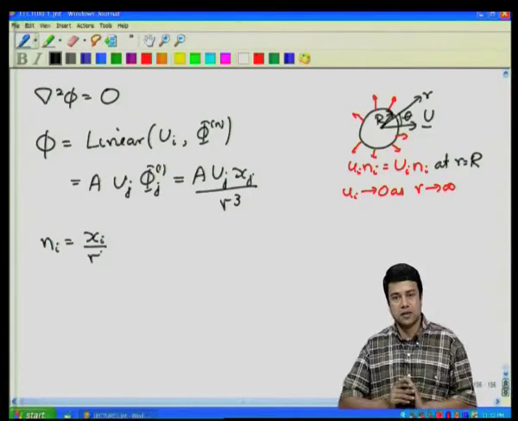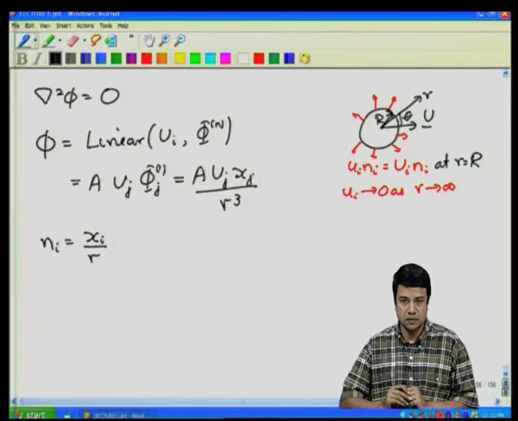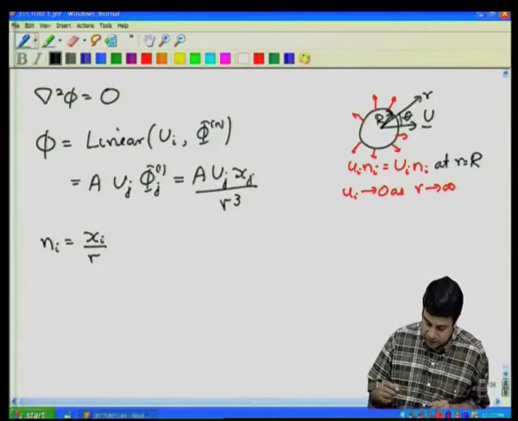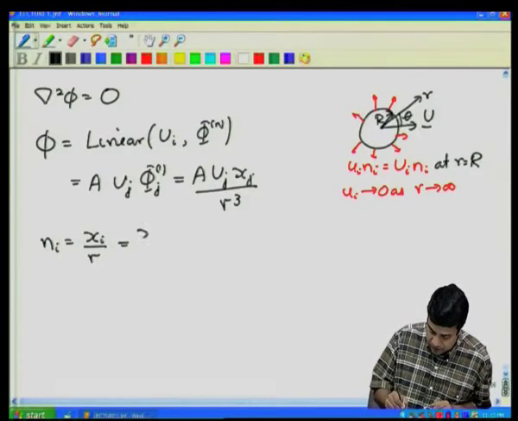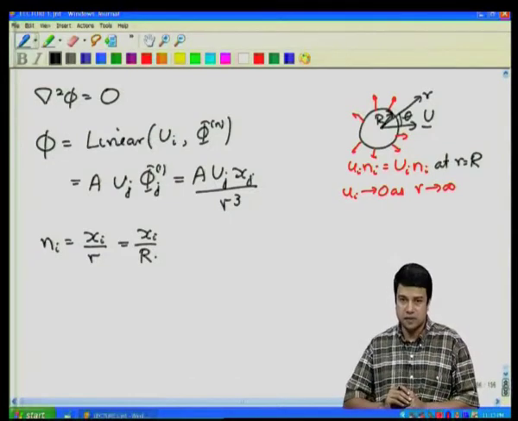Since the unit normal is along the displacement vector and it has unit modulus, the unit normal is equal to the displacement vector divided by its magnitude, which is the radius, at the surface of the sphere. Of course, at the surface of the sphere, this is just going to be equal to x_i by capital R, because capital R is the radius of the sphere.